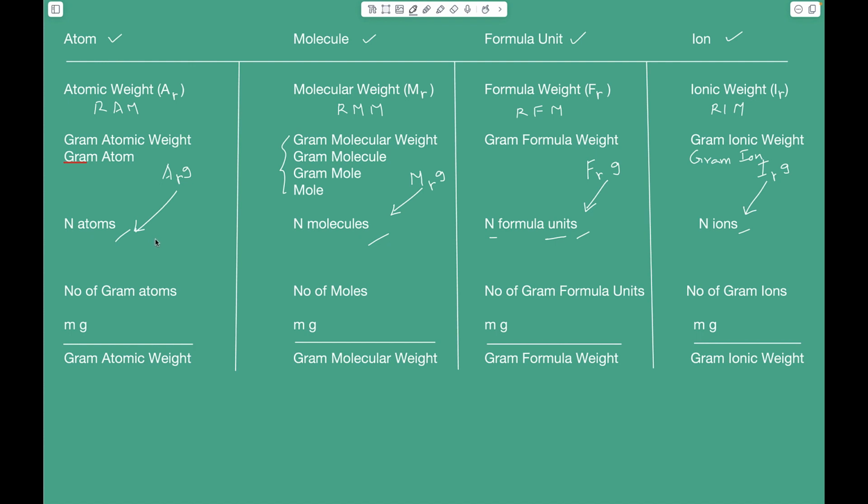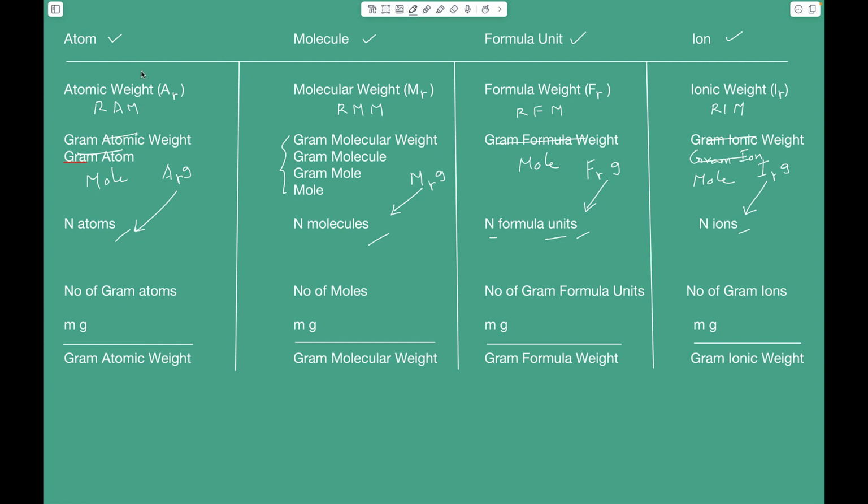For this reason, they thought of replacing all these names with a single name, that is mole. This is replaced with the name mole, and this also is replaced with mole.